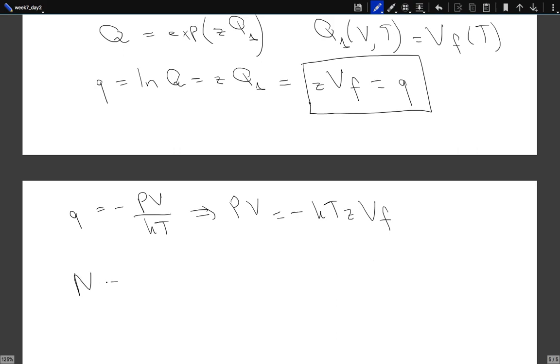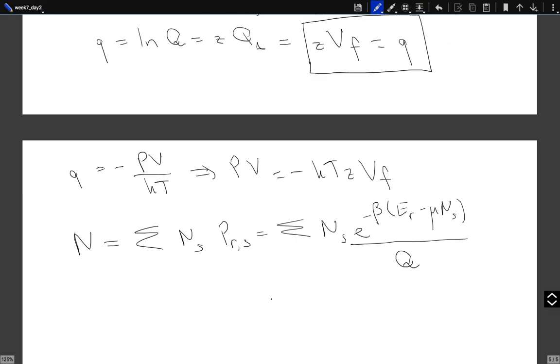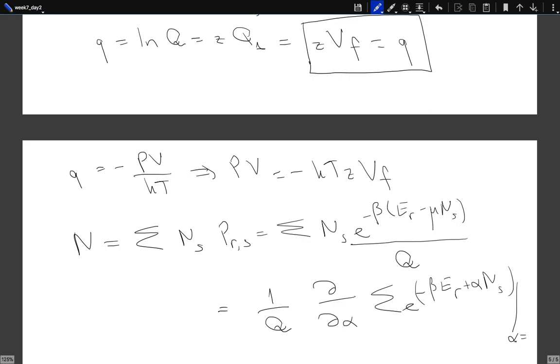Well, N, we said that we can write as the sum over Ns of Ns times PRs, or the sum over Ns of e to the power minus beta ER minus mu Ns, divided by the grand canonical partition function, which we can write as 1 over the grand canonical partition function times the derivative with respect to alpha of e to the power minus beta ER plus alpha Ns, evaluated at alpha equal to beta mu.